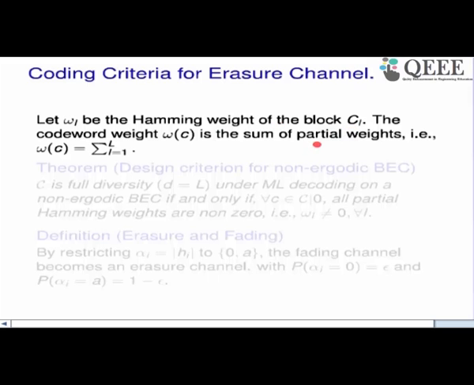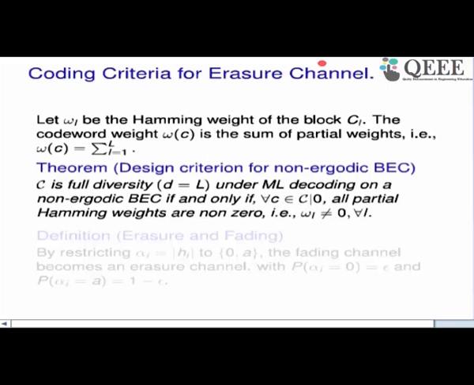The code word weight WC is the sum of partial weights. So there is a missing term here. This is basically omega L. Okay. So the code word weight is going to be the sum of partial weights.